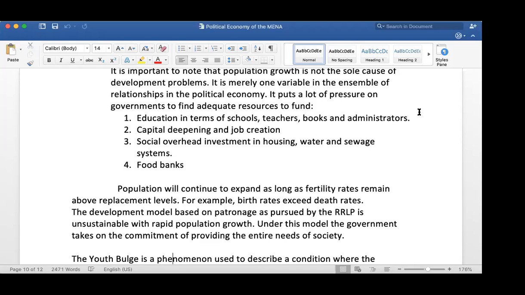And as I said before, I don't know why these governments with so many resources, especially the resource-rich region, have not been able to come up with solutions to these problems.